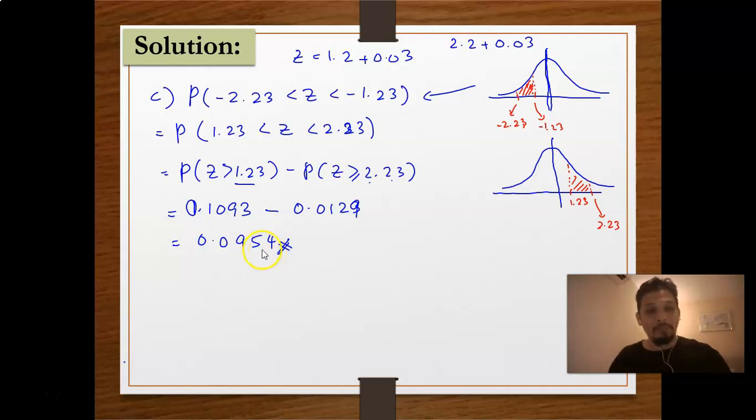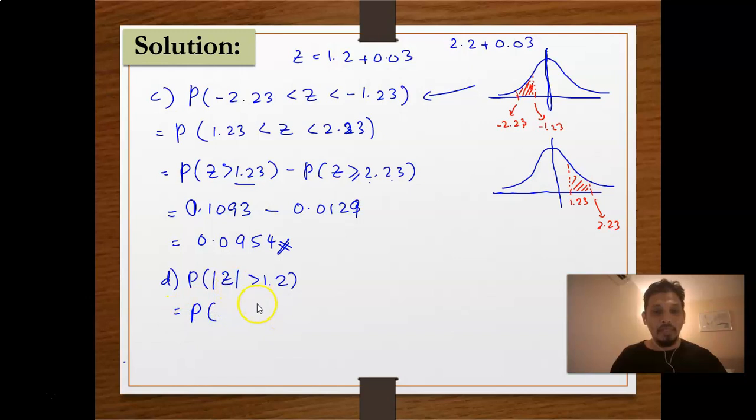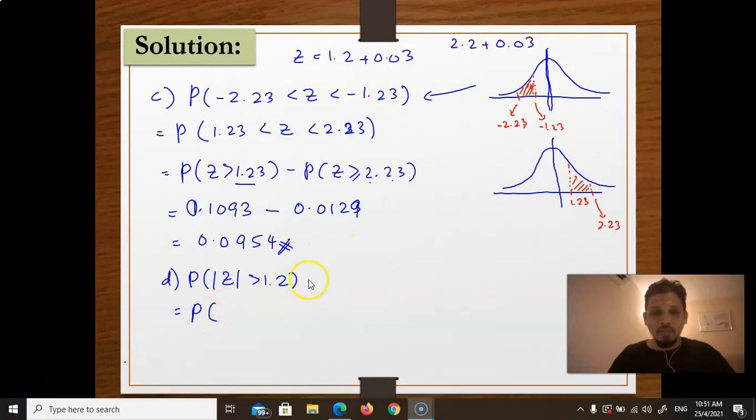And then for the probability of modulus of Z greater than 1.2, which means it is the probability of Z for this one here. You still remember this?